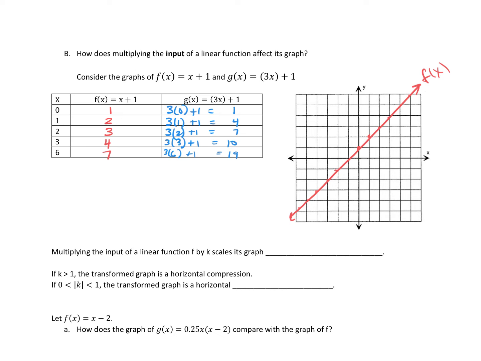There's f of x. Now g of x, remember we're going to take the input from our x with our new output. So for g of x, we have the point 0, 1. Then we have the point 1, 4. We have the point 2, 7. I'm just going to go up 1 off, and I know that's going to go up there.